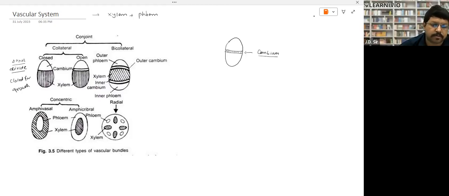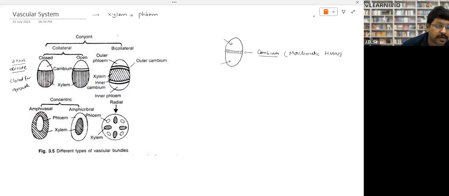Cambium is made up of meristematic tissue. What will happen? This cambium layer, made up of meristematic tissue, will divide. I want your 100% focus here, it's a very important topic I am explaining now. You know the meristematic tissues are those tissues which have the capability of division.